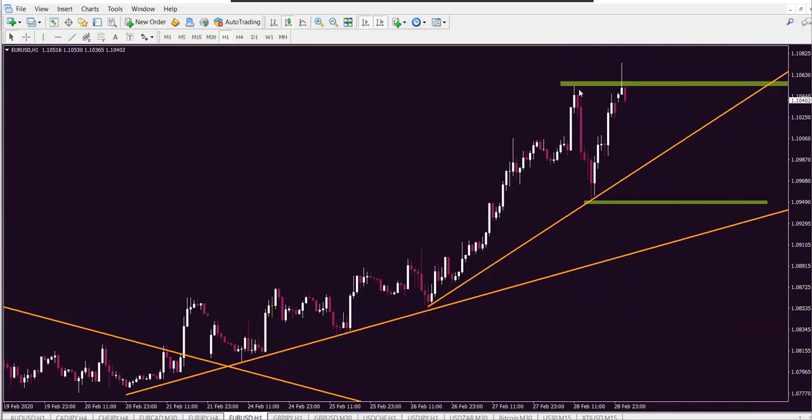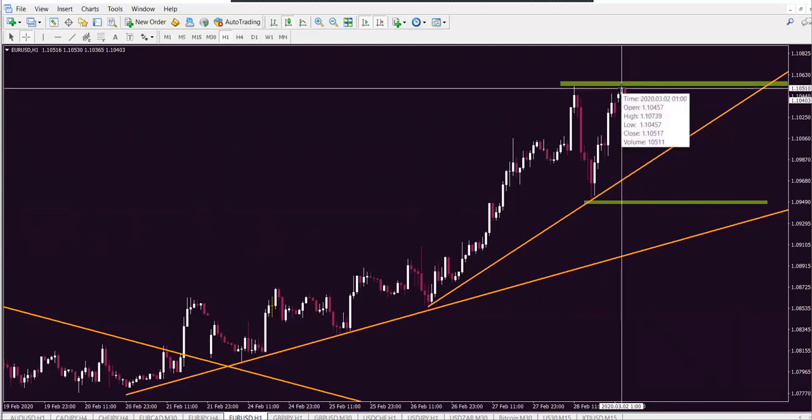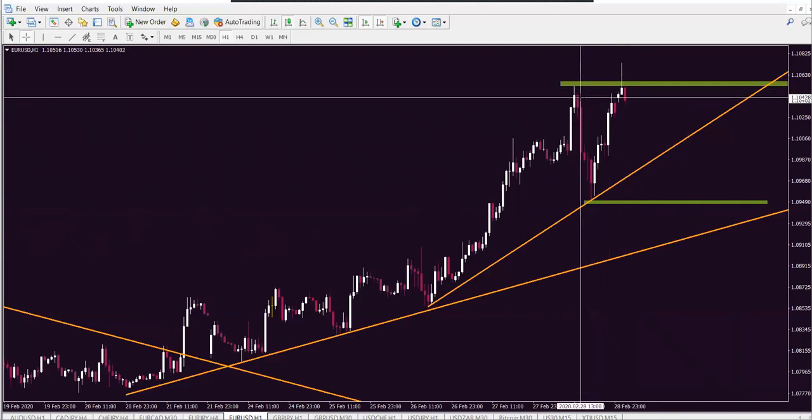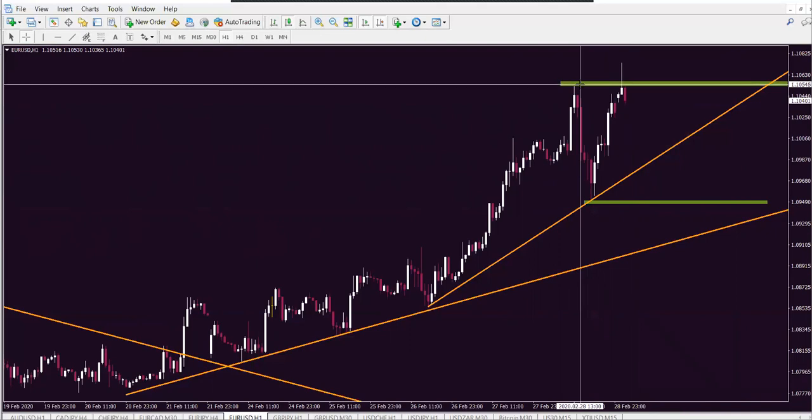All right, let's say I had a buy stop right here, guys, and the buy stop was triggered right here, and I see this pin bar being formed right here, which actually indicates resistance. It would be wise to actually close the trade, right?